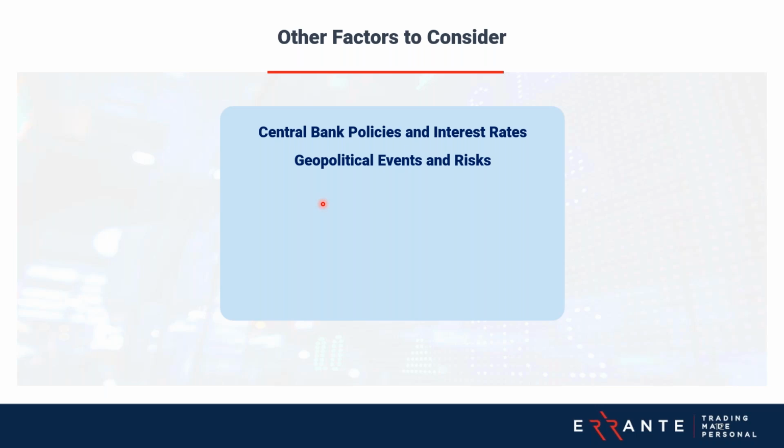Let's say events like OPEC decisions, geopolitical conflicts, or sanctions on major oil producing countries can sharply affect oil prices, indirectly impacting oil-sensitive currencies like the Canadian dollar or Norwegian krone, and of course the Russian ruble. Also, we have global trade tensions.